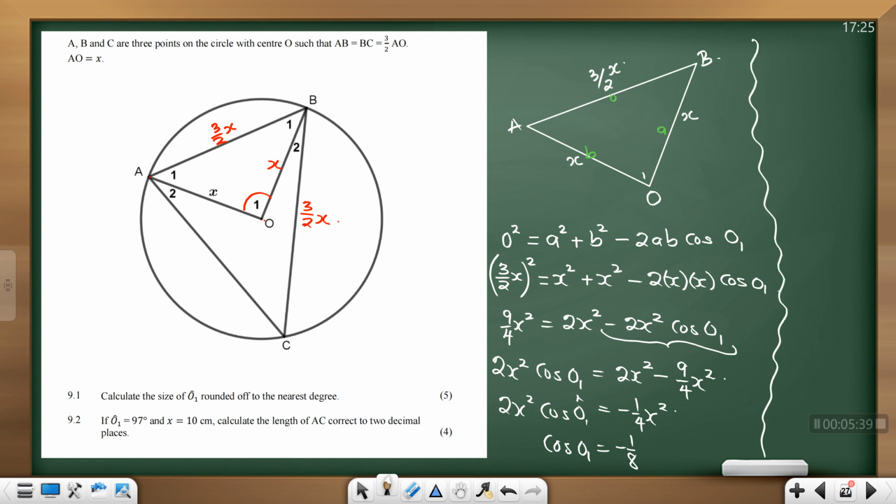Remember, this angle cannot be negative though. This one must be positive. So what's your reference angle? Arc cos of what? 1/8.